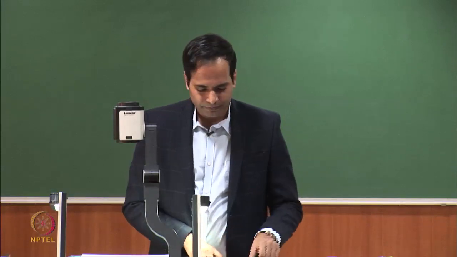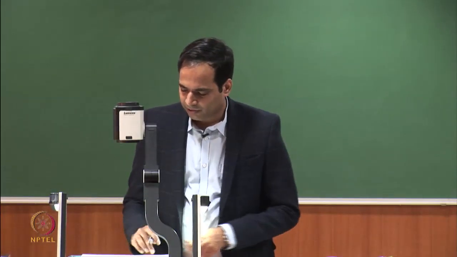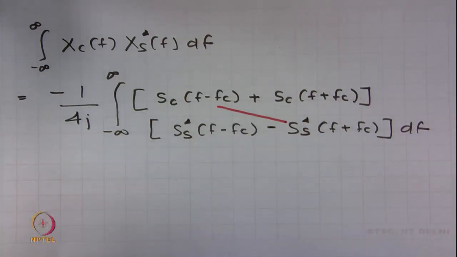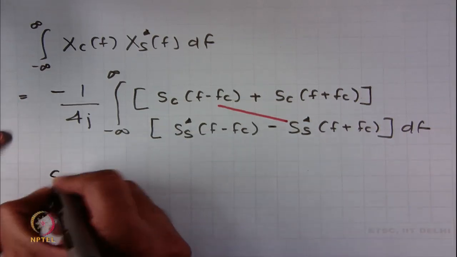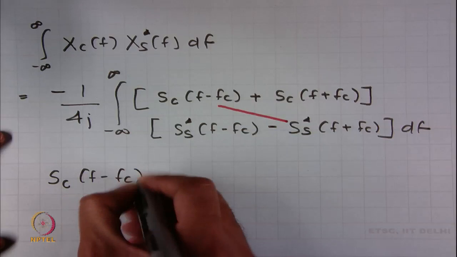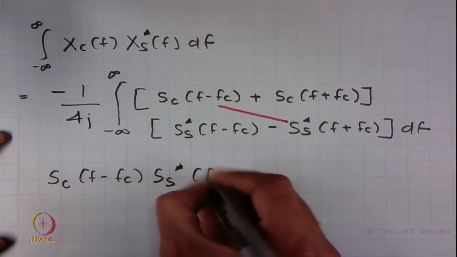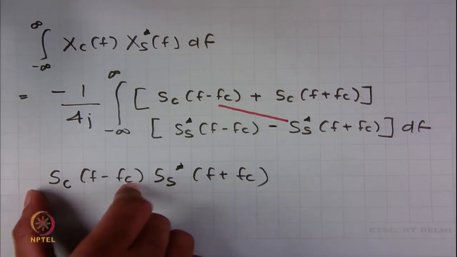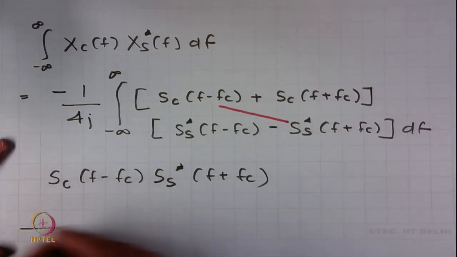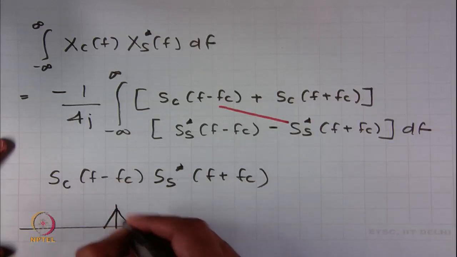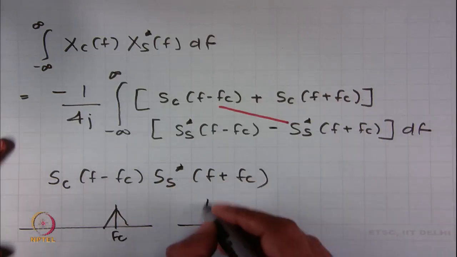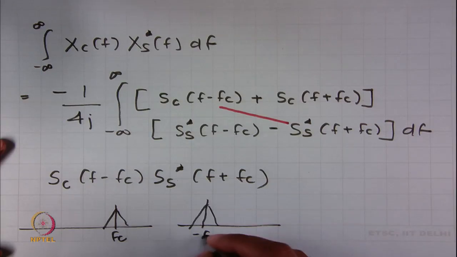If you look at this now, the big idea comes: let us worry about the multiplication of this with this. So, let us see SC(f minus fc) into SS conjugate(f plus fc). This is a big idea because most of the time we would be using it. This is a spectrum which is centered around fc, and this is a spectrum which is centered around minus fc, right.